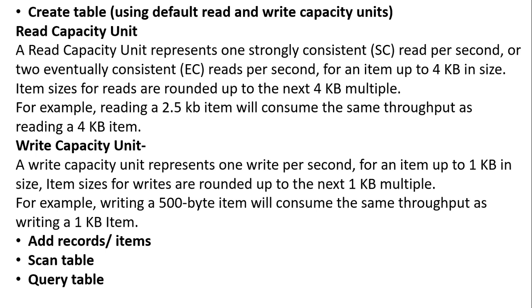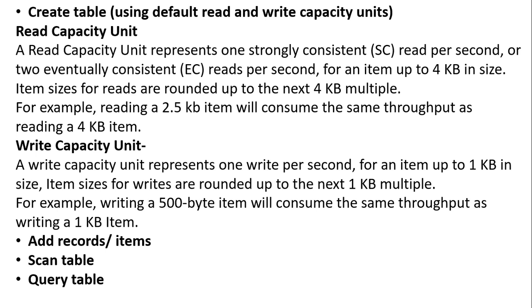Regarding the write capacity unit, a write capacity unit represents one write per second for an item up to 1 KB in size, so writes are rounded up to a 1 KB multiple. So here write capacity is 1 KB, whereas read capacity is 4 KB.